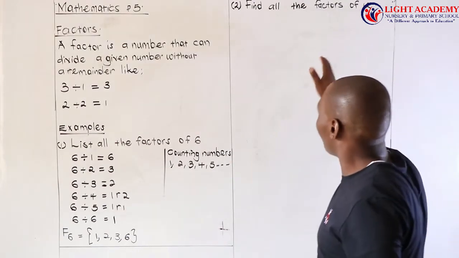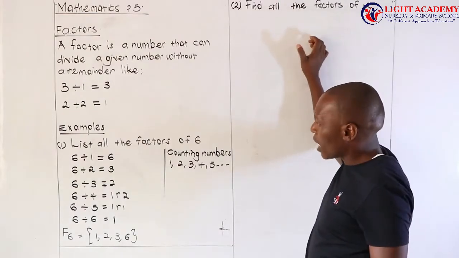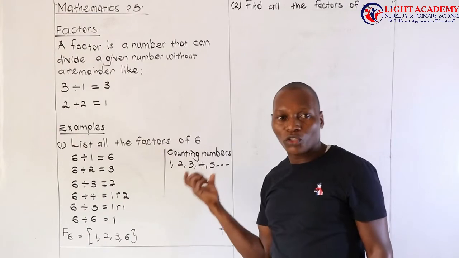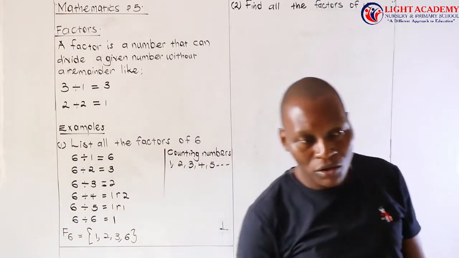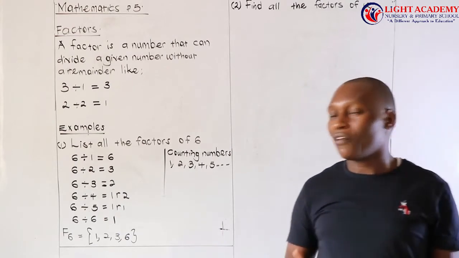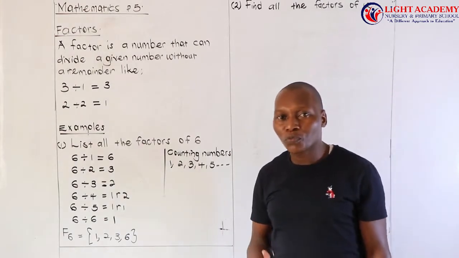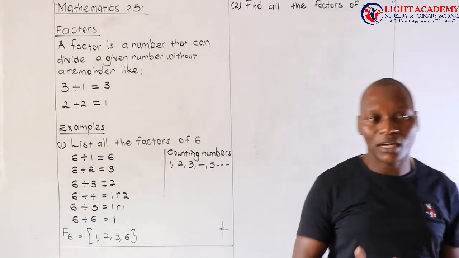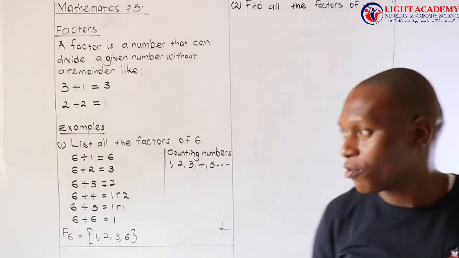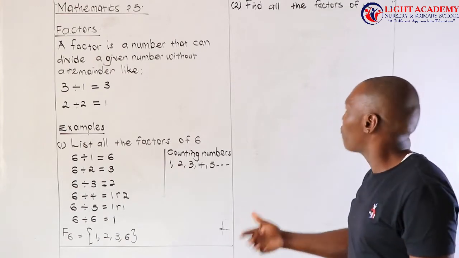So in the second question here, I will not use the method I used for the first question. I'm going to use this commonest method of using what we are calling multiples. You remember in the previous lesson we said multiples are actually numbers you get when you multiply given numbers. Okay? Multiples come from multiplication.